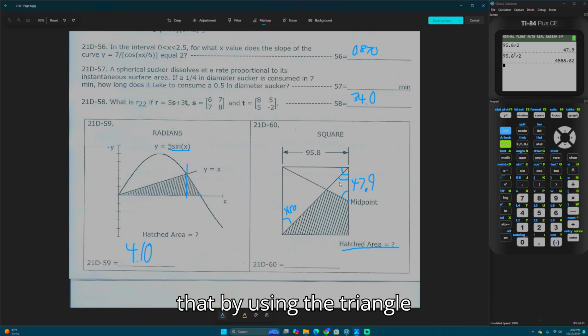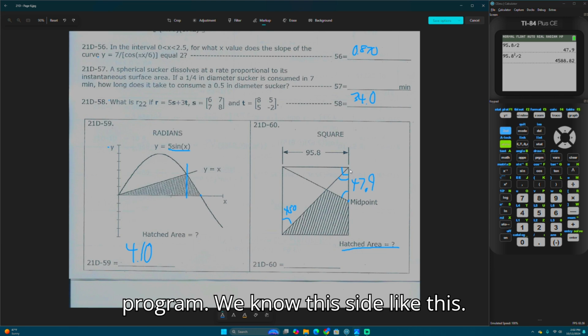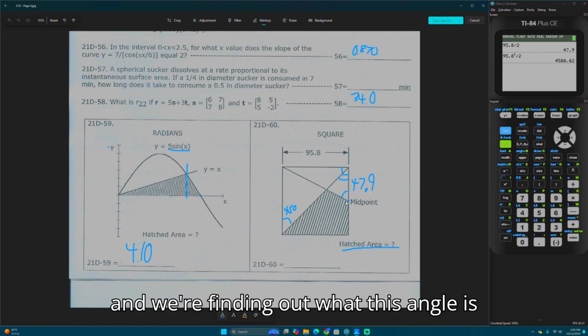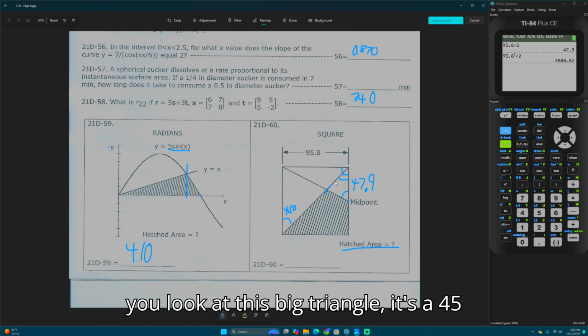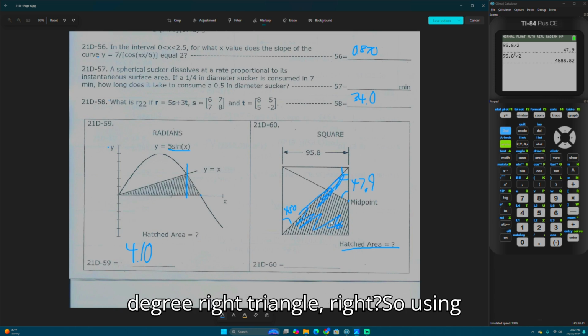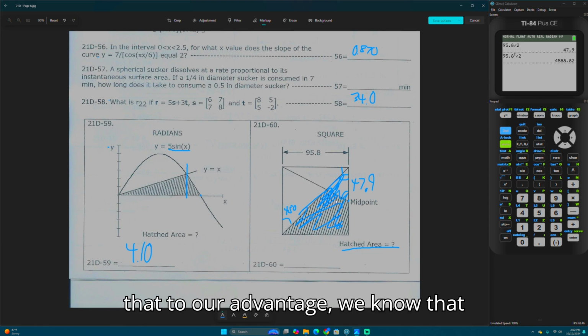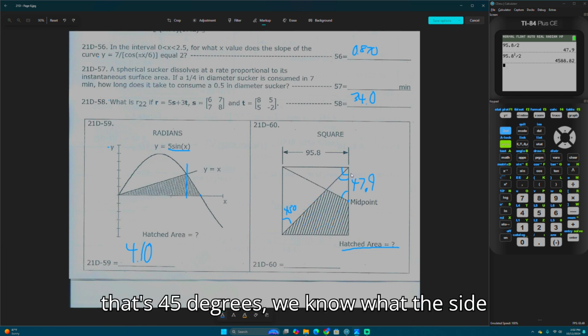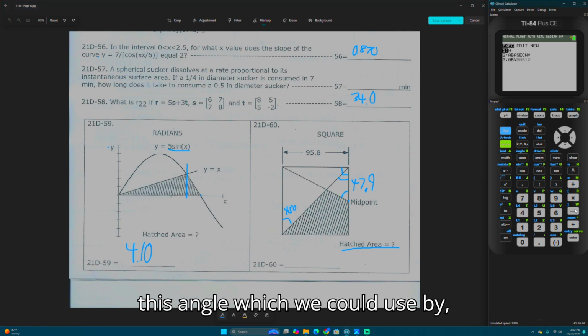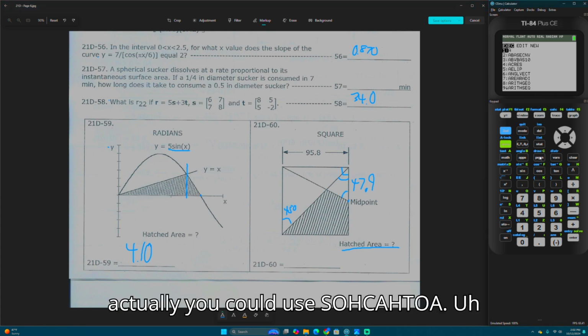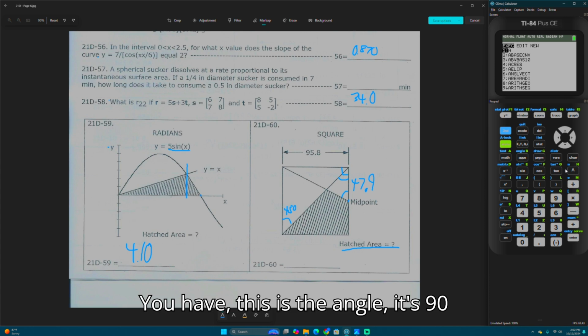And I'm going to do that by using the triangle program, right? We know what this side length is, and we're finding out what this angle is, and we know what that angle is because if you look at this big triangle, it's a 45-degree right triangle, right? So using that to our advantage, we know that that's 45 degrees. We know what the side length is. We just have to figure out this angle, which you could find using SOHCAHTOA. This is the angle.